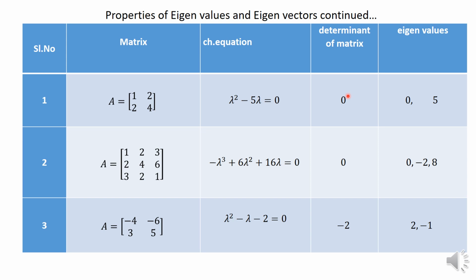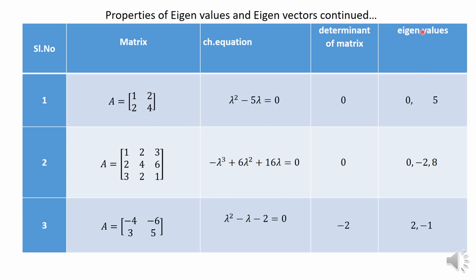Can you remember what we call a matrix whose determinant value is 0? Yes, you are right, that matrix is called a singular matrix. A matrix is singular if and only if its determinant value is 0. So here the matrix A, whose determinant value is 0, is a singular matrix.